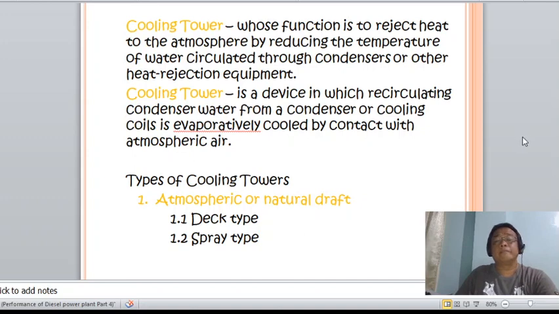There are two types of cooling tower. First, we have the atmospheric or natural draft cooling tower, which is also divided into two: the deck type and the spray type.